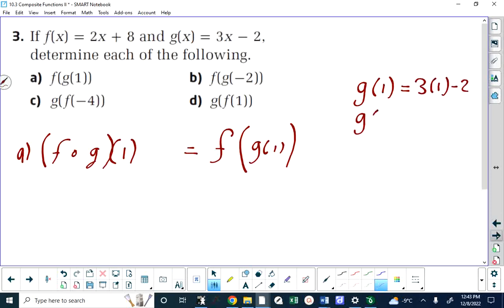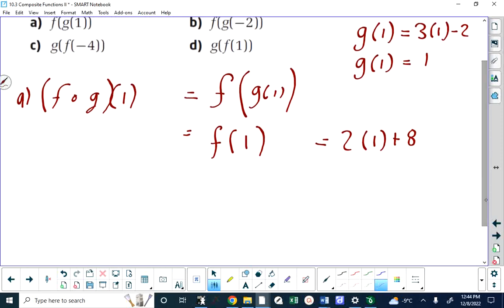So g of 1 is 3 minus 2, which is 1. And that means f of g of 1 is f of 1, coincidentally. And that means put 1 in for x in f, which means it's 2 times 1 plus 8. So you get 10.